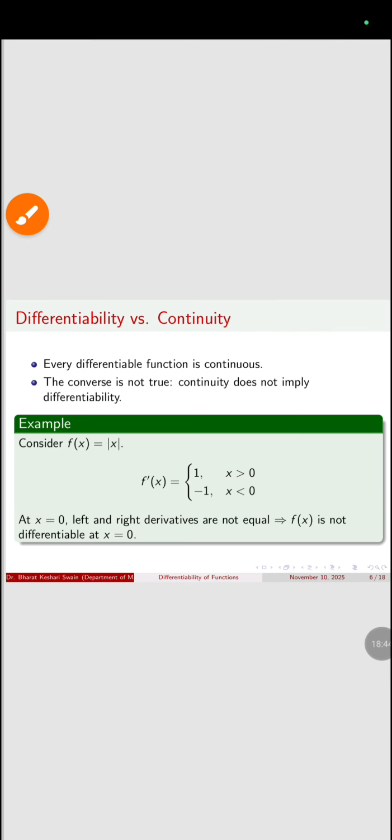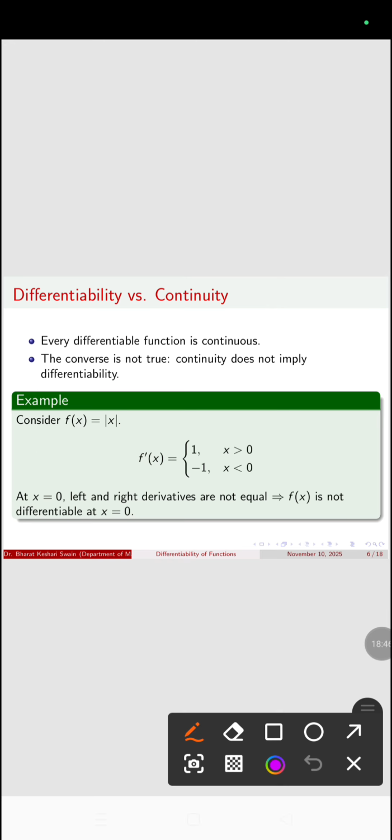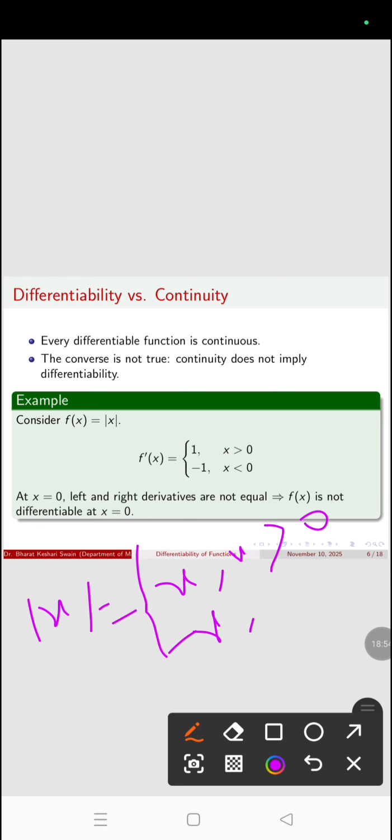Again, mod x is x when x is greater than or equal to 0, and minus x when x is less than 0.